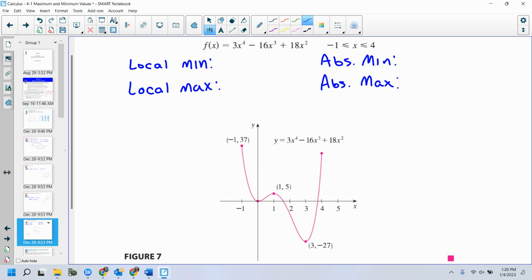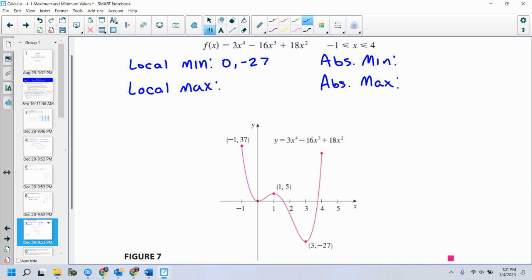Where are the local minimums? Zero, and give me the y value. -27. Right. So 0 and -27 are the y values. They occur at 0 and 3, but the minimums are 0 and -27.